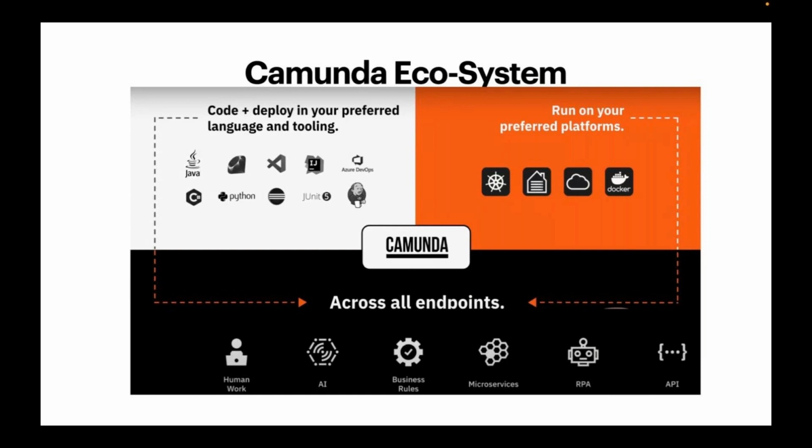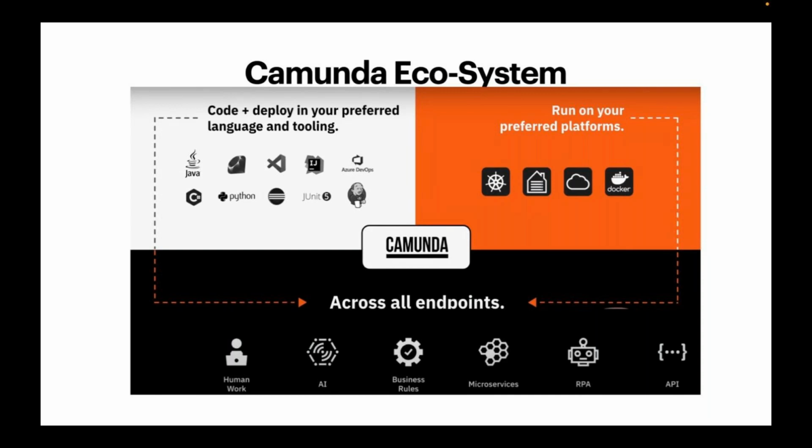Also, when you talk about organizations, it provides such an ease in order to deploy your applications on your preferred platform. If you want to do it on premises, that is there. If you want to do it in a containerized manner, you can deploy it over a cloud or in Docker.